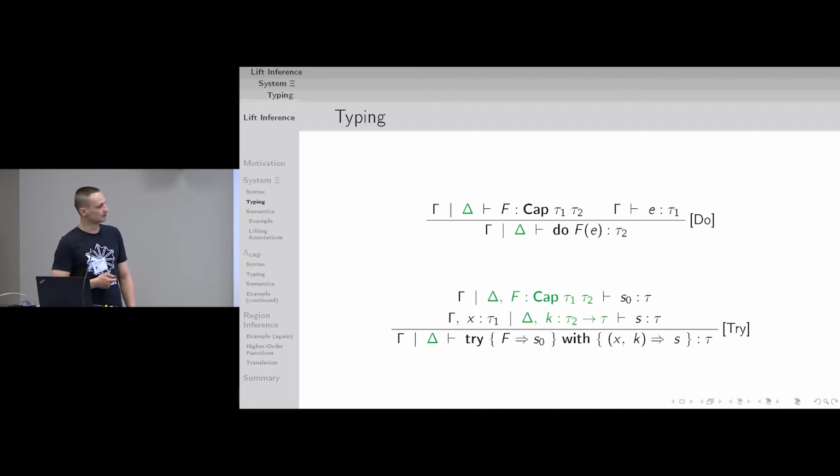In particular, in the rule for effect handlers, we can see that the capability which is bound at the effect handler is in the second-class context. So it can only be used in a zero and it cannot be returned. This guarantees effect safety.